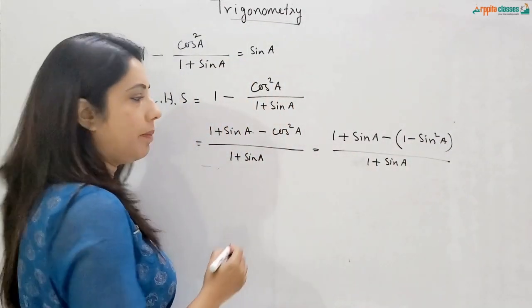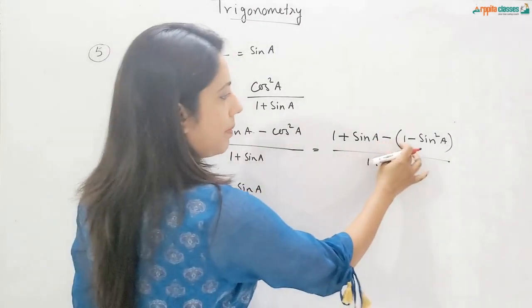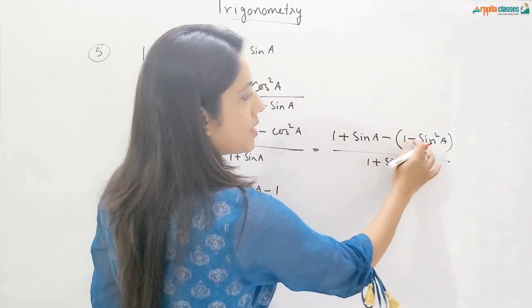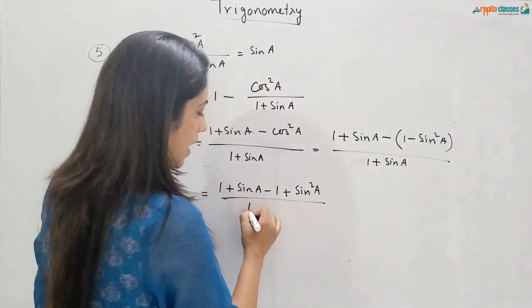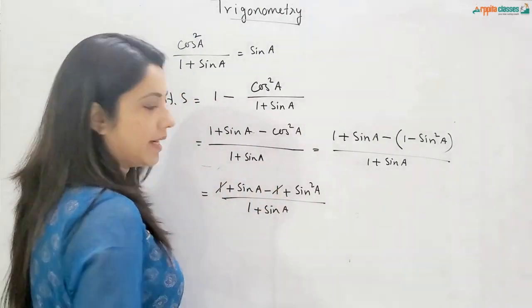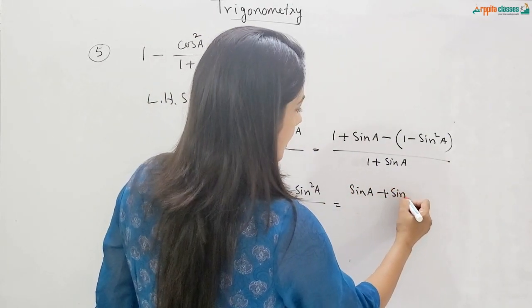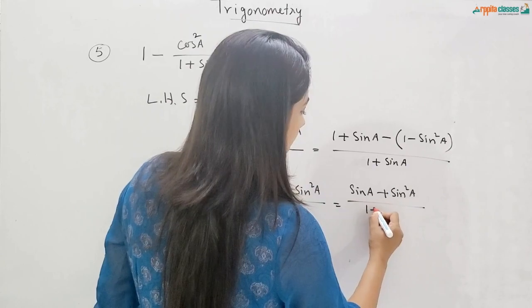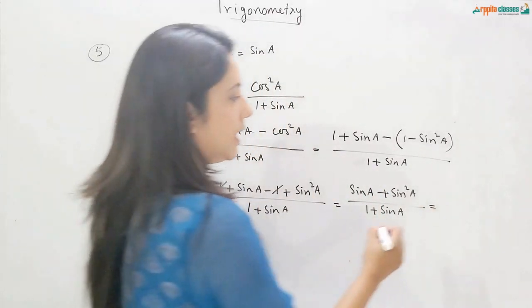Now let us remove the bracket and see. 1 plus sin A, here it will be minus 1, and minus into minus is plus sin square A. Down I have 1 plus sin A. Here plus 1 and minus 1 will get cancelled. So in the numerator we have sin A plus sin square A. Down I have 1 plus sin A. Now in the numerator I can take sin A common.